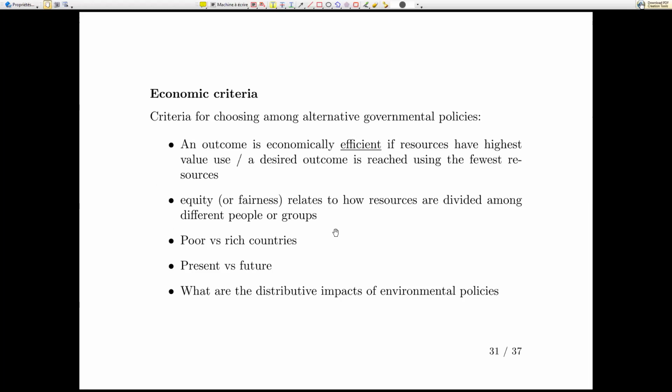Efficiency is one criterion. So this is just about efficiency, about maximizing output or minimizing costs. Equity is about how things are redistributed between different groups.